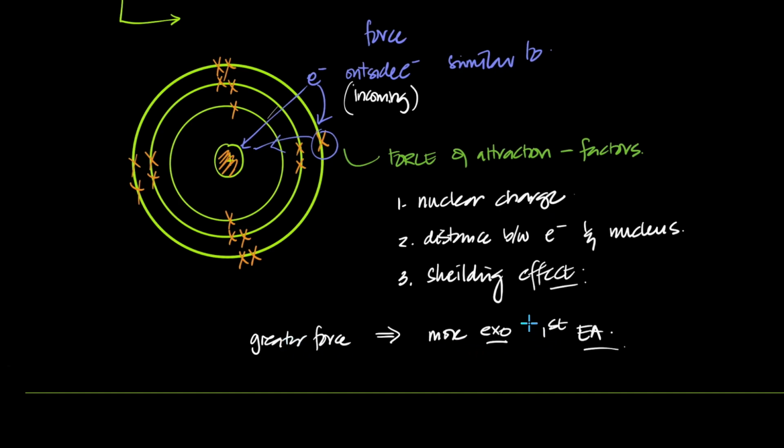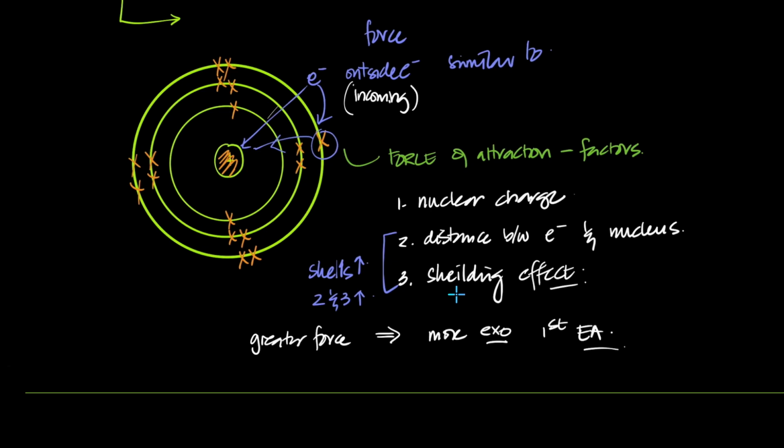But if you go down any periodic group, you know that down the group the number of shells increase. And when you increase shells, they do two things. So as shells increase, the distance and the shielding effect will increase.